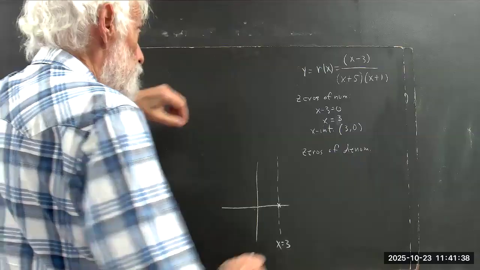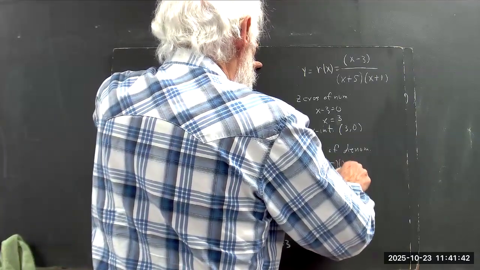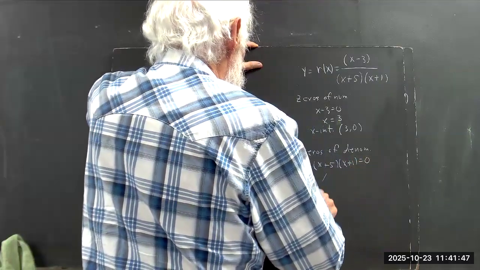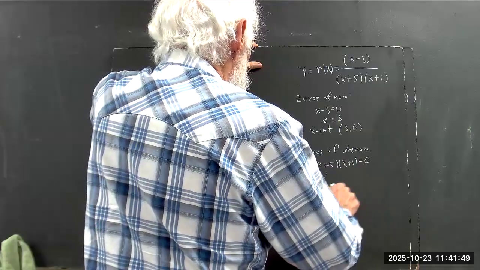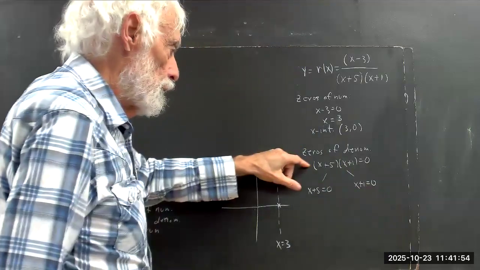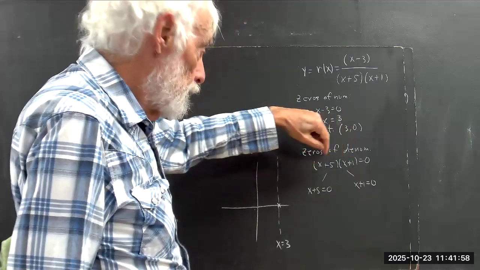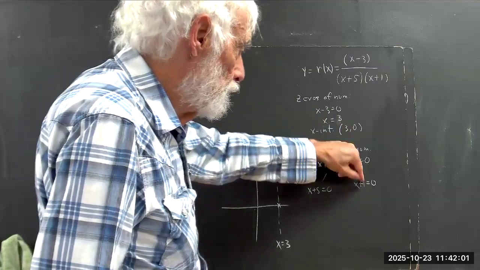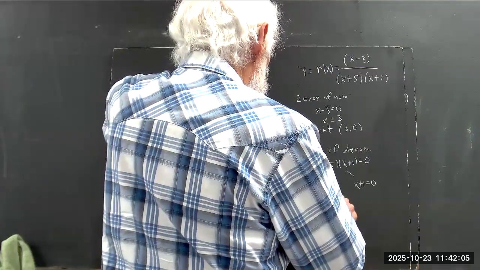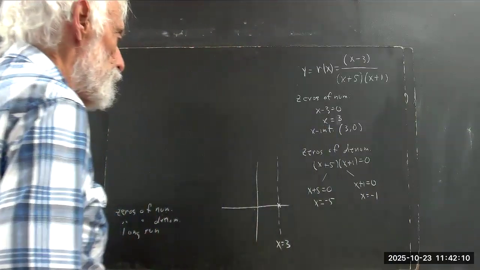Zeros of the denominator. Simply write out the denominator, set it equal to 0. By the zero property of multiplication, we know that this splits into 2 equations, one with solution x equals -5, the other with solution x equals -1.